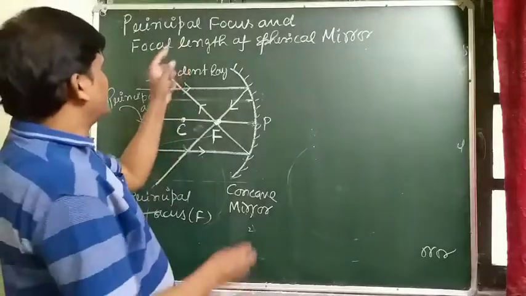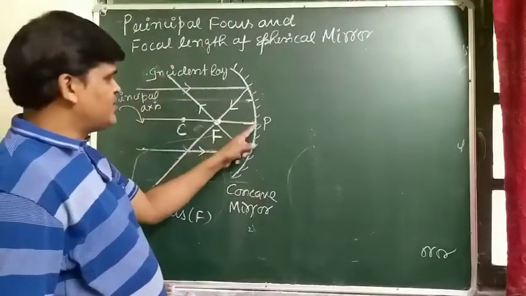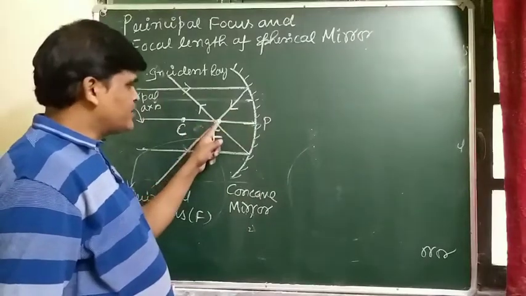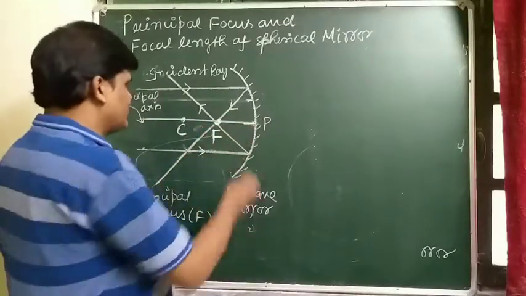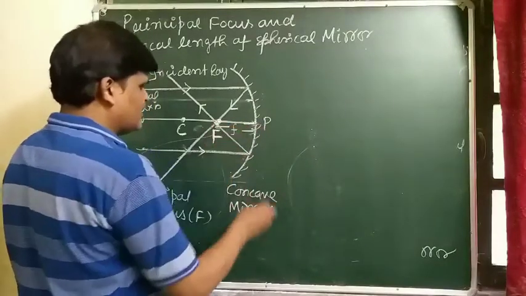And what is focal length? Focal length means the distance between the principal focus and the pole of the spherical mirror. So this distance is known as focal length.